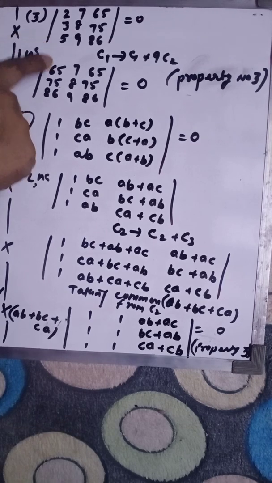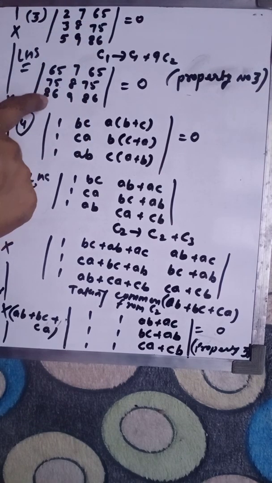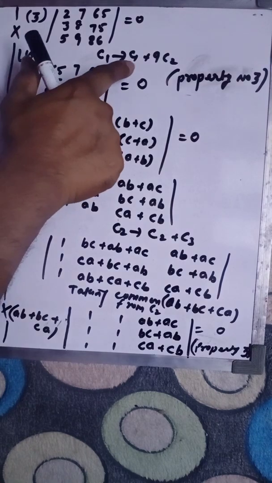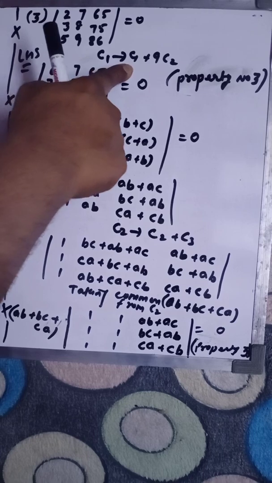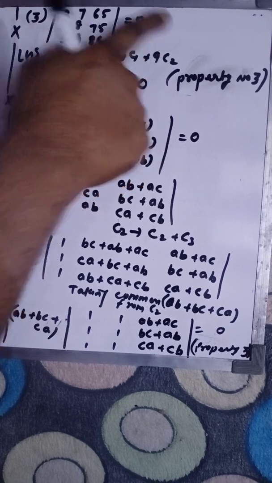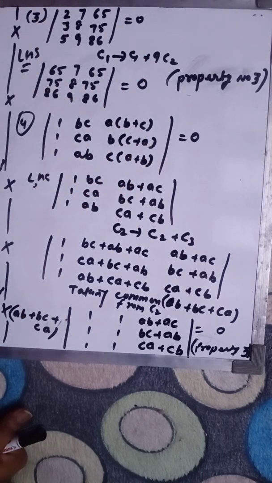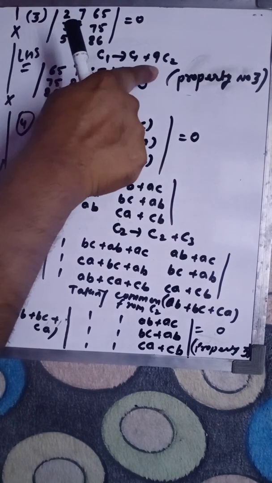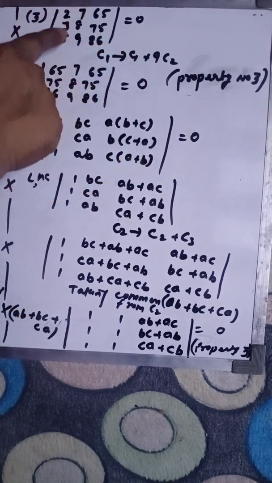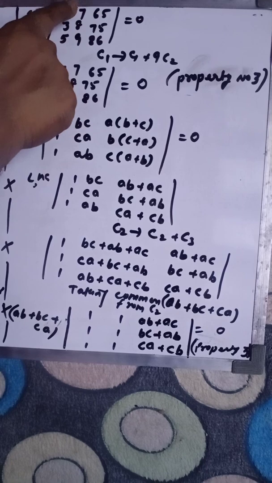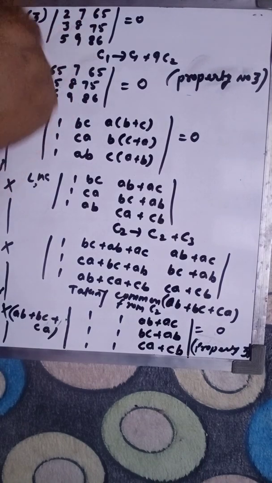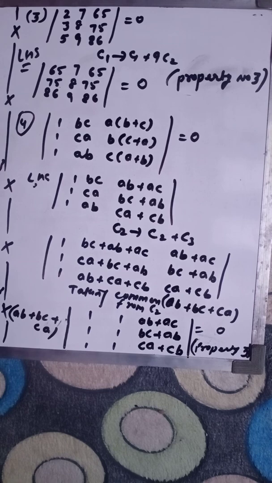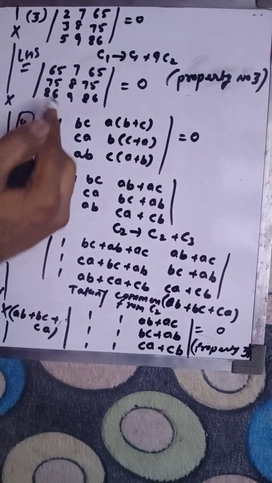On the left hand side you copy the question, and in the second step I am applying this: column C1 goes to column C1 plus 9 times column C2. Why am I multiplying by 9? Because when you multiply column C2 by 9, 9 times 7 is 63, and when you add 2 to this, you get 65. So this is in my mind.